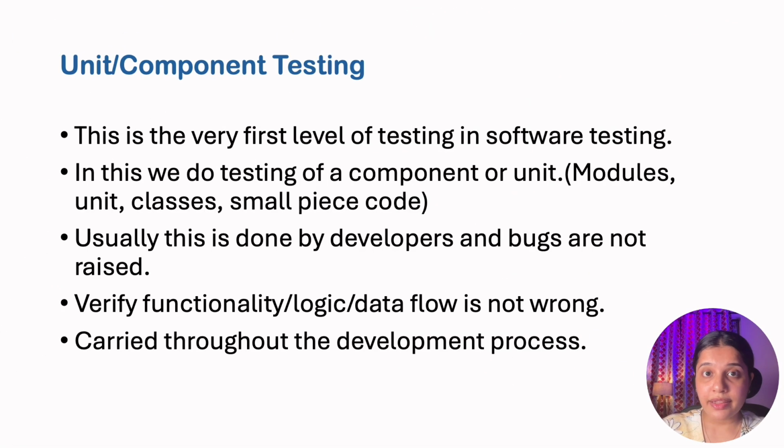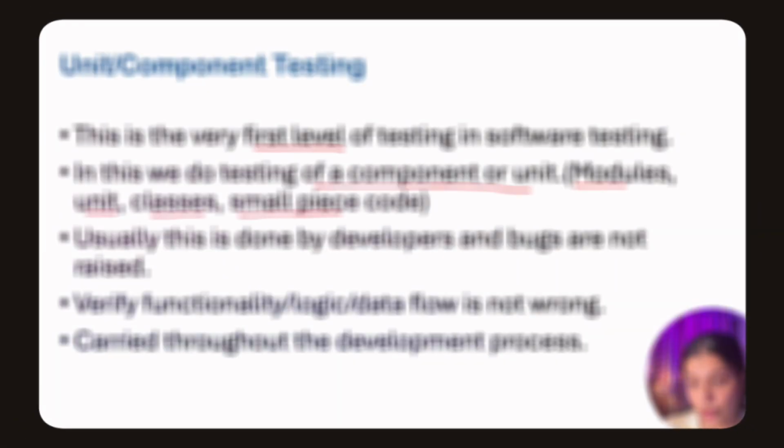As I just said, unit testing, also known as component testing, is the very first level of testing. In this we do testing of a component or unit, or you can say module, unit, classes, or a small piece of code, right?